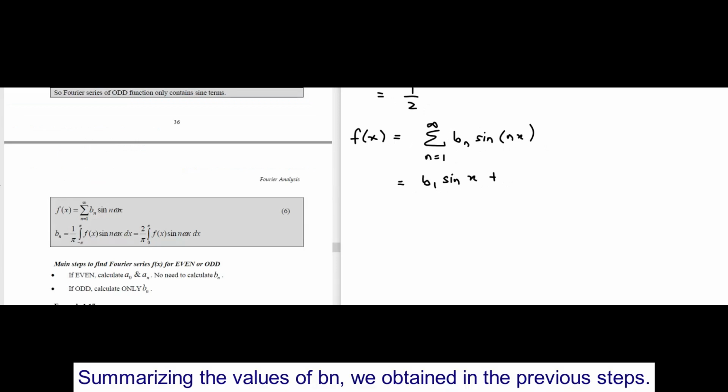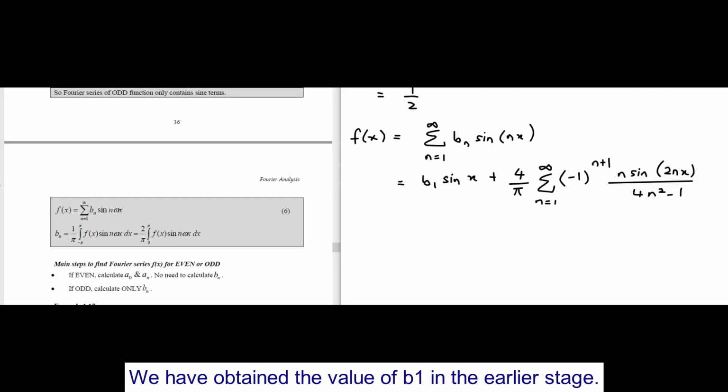Summarizing the values of Bn we obtained in the previous steps, we have obtained the value of B1 in the earlier stage.